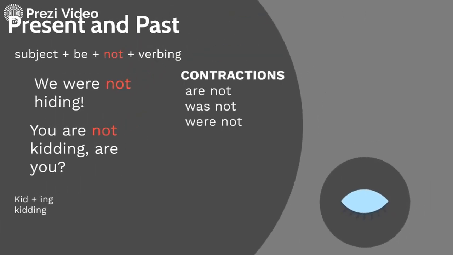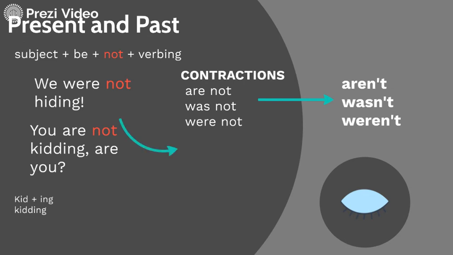Now we can use contractions to make these a little bit shorter. We can push these two words together: are not, was not, and were not, and you do this all the time without thinking about it. Aren't, wasn't, weren't, and also isn't.